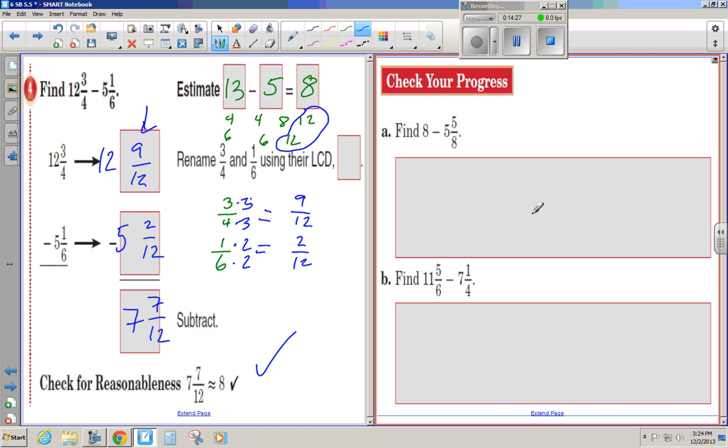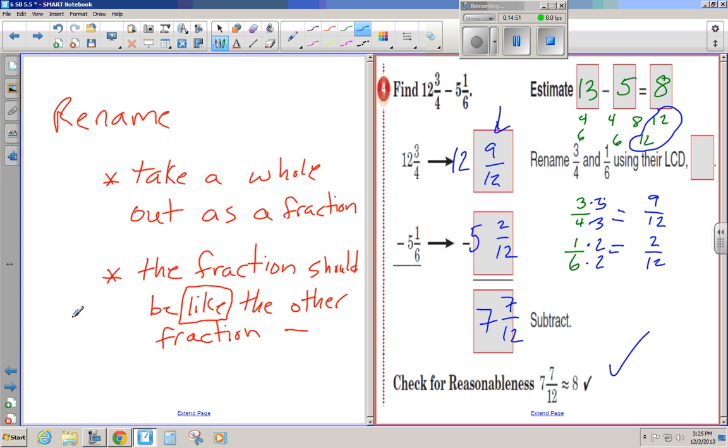All right, let's check some of our progress here. The first one, 8. We need to have a fraction built in, so we're going to take out a whole and make it 7 and a certain fraction. Remember, we want the fractions to be like fractions.